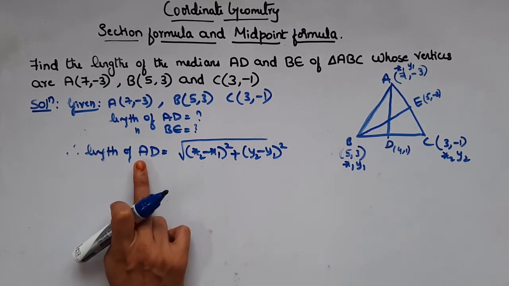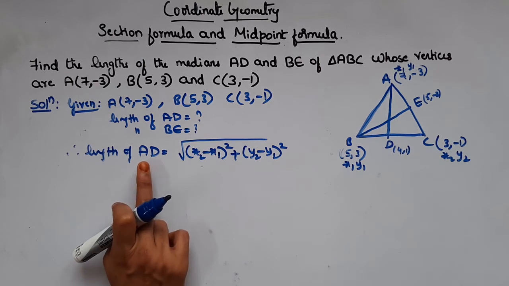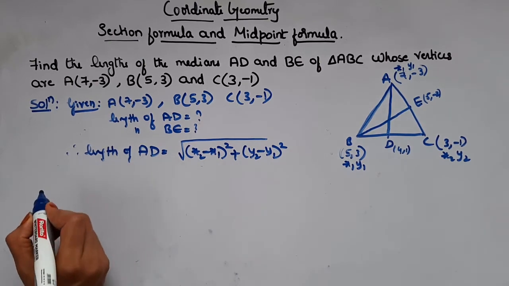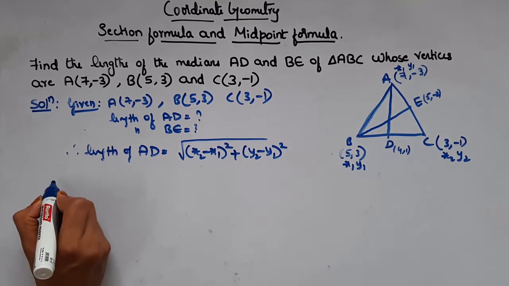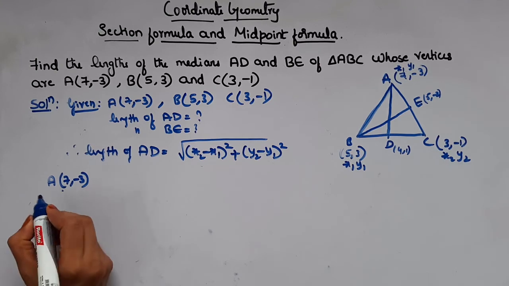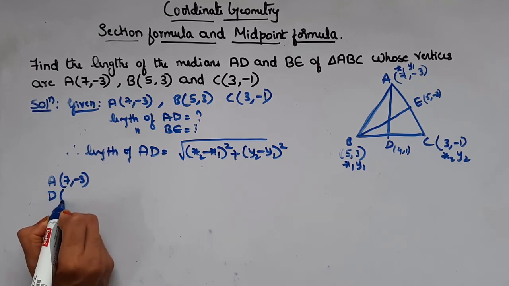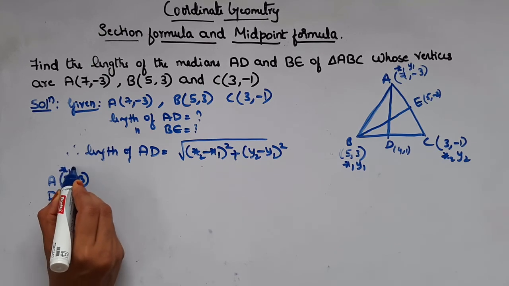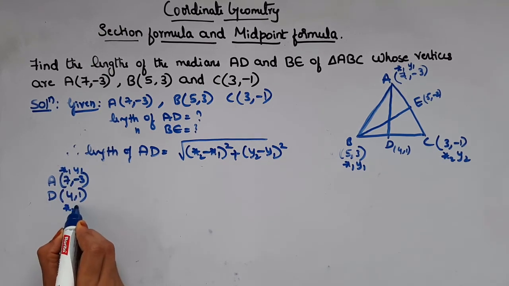So here the points are A and D. Your x1, y1 and x2, y2 will be the vertices of A and D. So we have point A whose vertices are (7, -3) and point D whose vertices are (4, 1). Now this is your x1, y1 and this is your x2, y2.